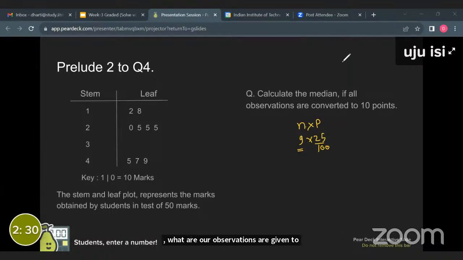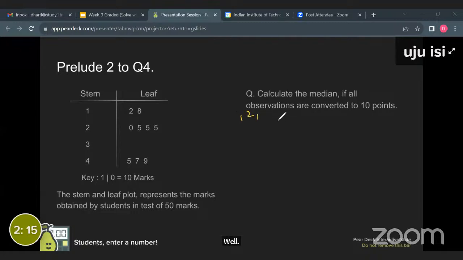These are the 9 points: 12, 18, 20, 25, 25. These values are the marks obtained by students in the test of some 50 marks.